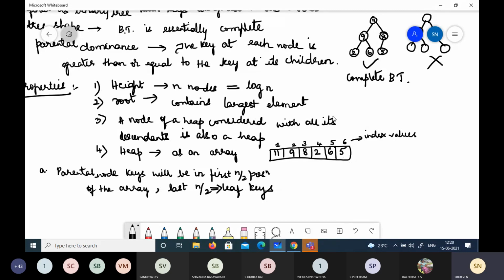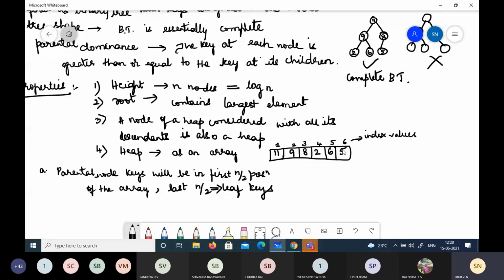Now let's check which are the parent nodes here. So if I take this array, for the first n by 2 positions, how many elements do we have here? How many elements are there in this heap? So the first n by 2 positions means till where?